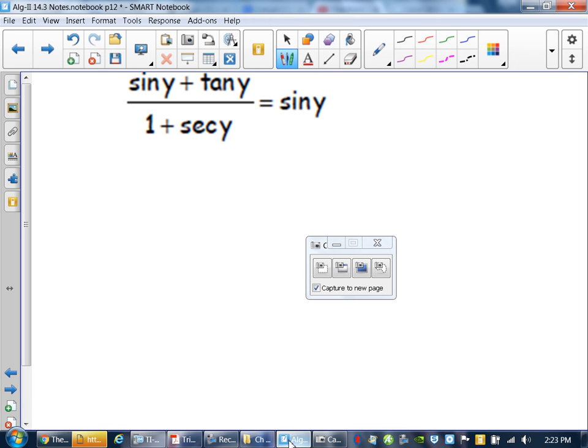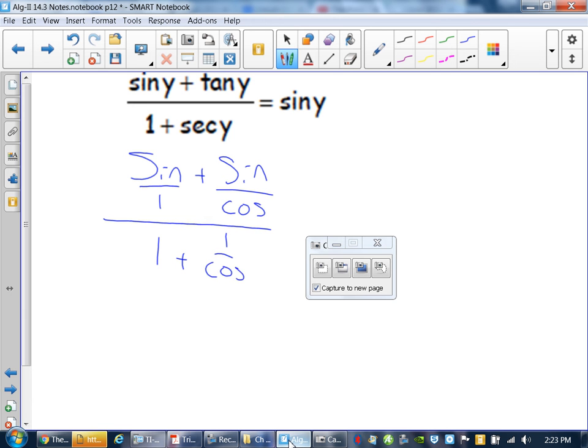So I'm going to go with sine plus sine over cosine. Work with this denominator first. I'm going to get cosine plus 1 over cosine.